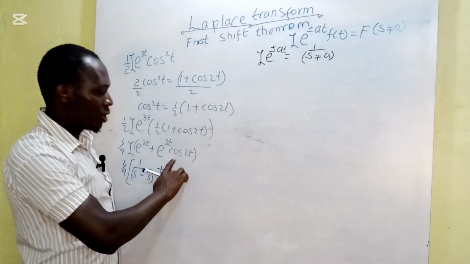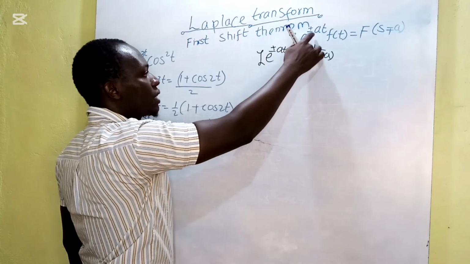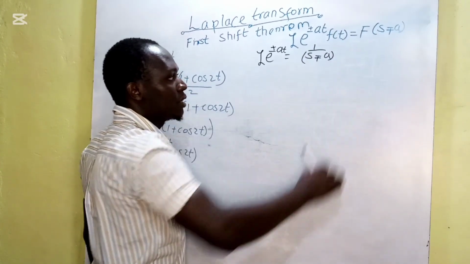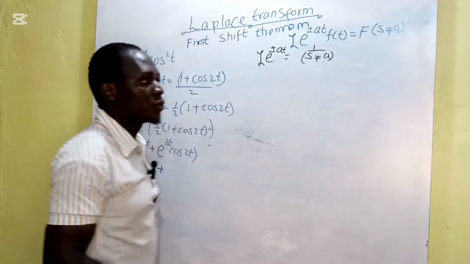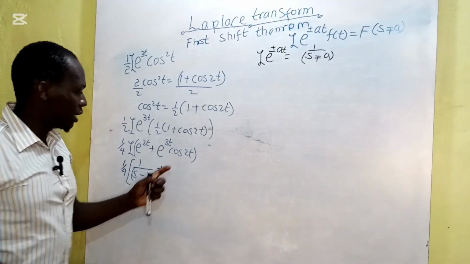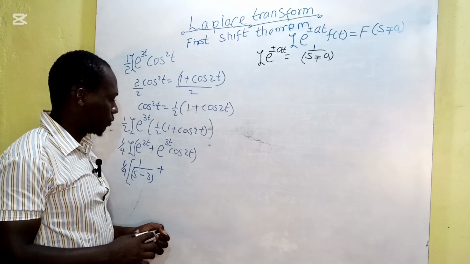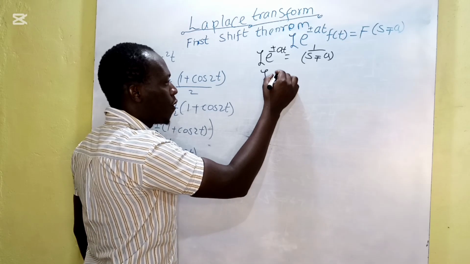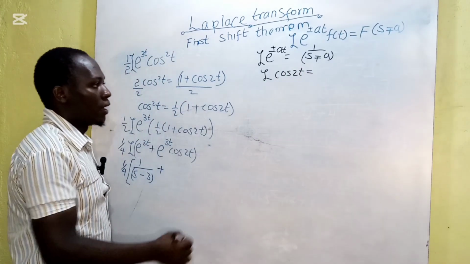This is now where we are going to carry out our shifting, because the formula says it is the exponential, a function f of t. After finding the Laplace transform of our function f of t, we shift with respect to s. Let us now get here. We understand that we get the Laplace transform of cos 2t.